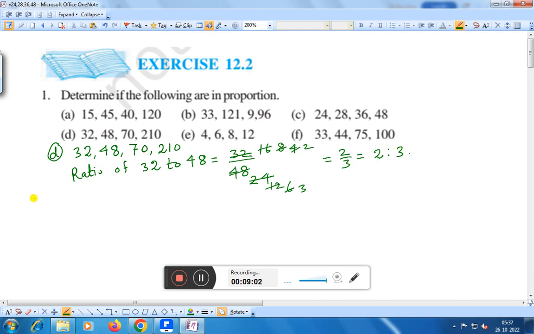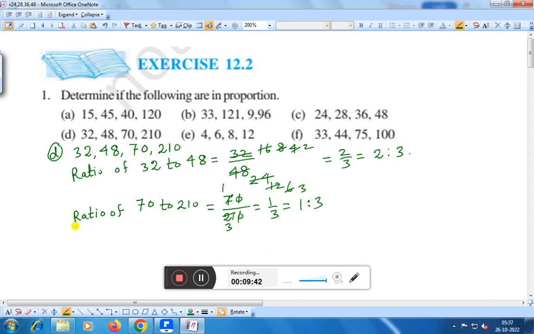Now ratio of 70 to 210 is equal to 70 by 210. This 0 will cut, 7 ones are 7, 7 threes are 21. That is 1 by 3, and it comes to 1 is to 3. Therefore the ratios are not equal.